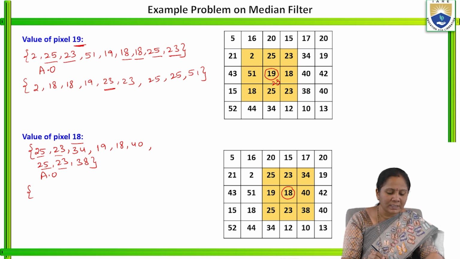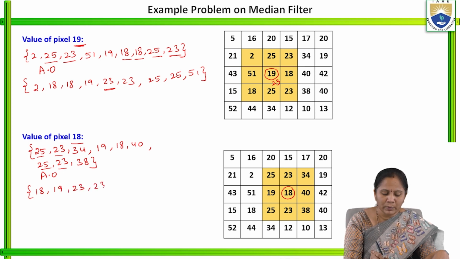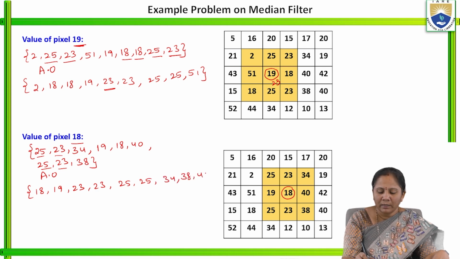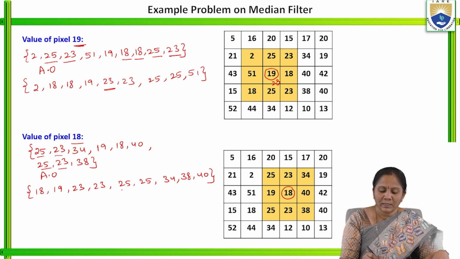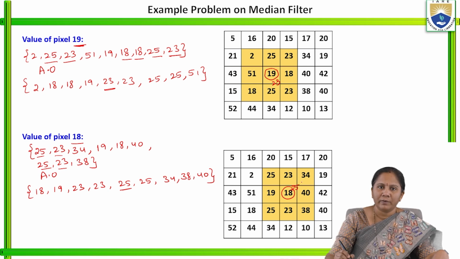So to find the new pixel value of 18, arrange them in the ascending order, you will get 18, 19, 23, 23, 25, 25, 34, 38, 40. So this is how we have to arrange in the ascending order. So in this case, the middle value is 25. So this 18 will be replaced with 25.